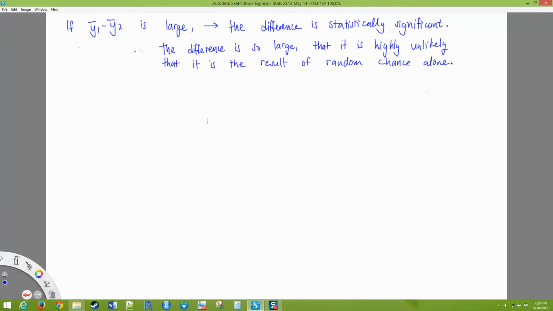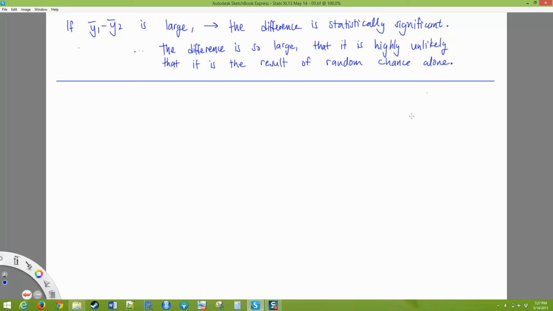All right, and so to answer this question, we're going to employ the use of the t-distribution, which all stems back to sampling distributions. Sampling distributions was the idea that you take a bunch of samples.